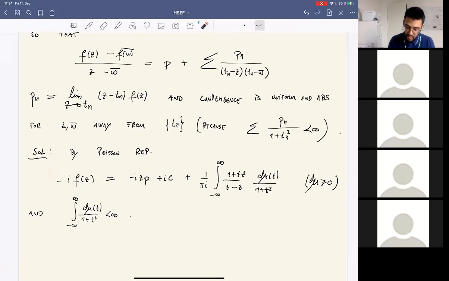Okay, so we do know by Poisson representation that the integral from a to b would be the limit when y goes to 0, and this would work if a and b are points of continuity of the function mu.